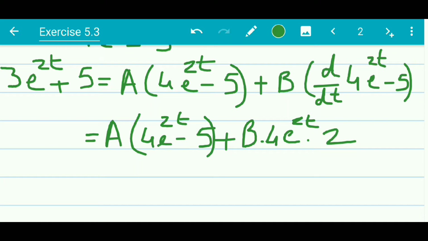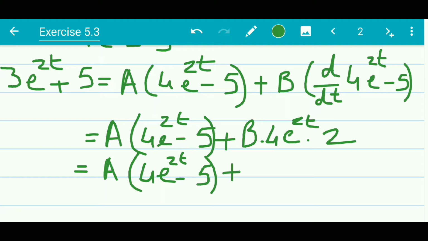What about minus 5? It becomes 0 when we find the derivative. So we can simplify it further and write a into (4e^(2t) - 5) plus, now 4 twos are 8, so 8b into e^(2t). This becomes our final term there.